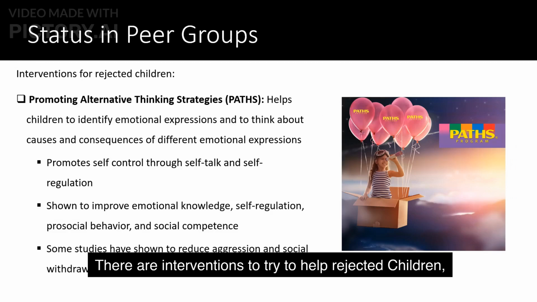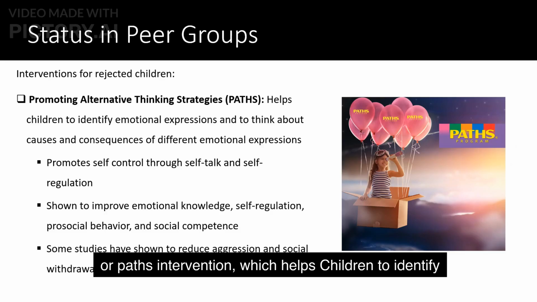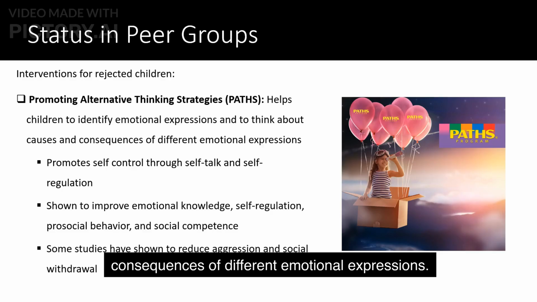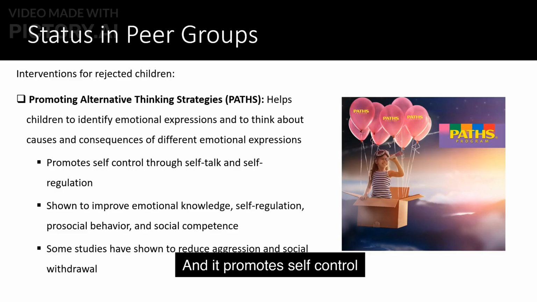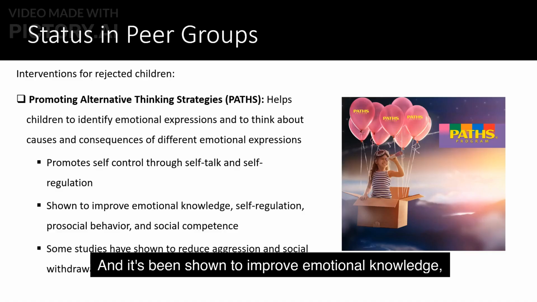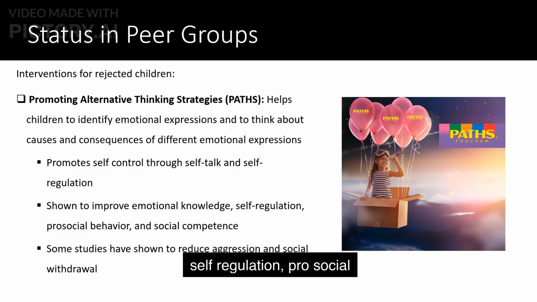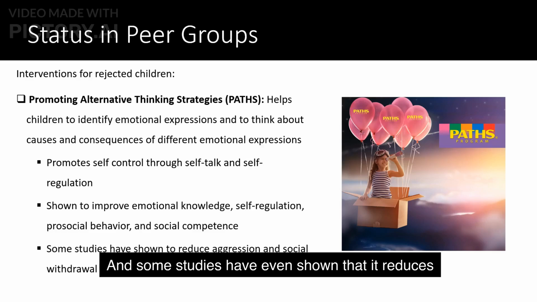There are interventions to try to help rejected children, one being the Promoting Alternative Thinking Strategies, or PATHS, intervention, which helps children to identify emotional expressions and to think about causes and consequences of different emotional expressions. And it promotes self-control through self-talk and self-regulation. And it's been shown to improve emotional knowledge, self-regulation, pro-social behavior, and social competence.